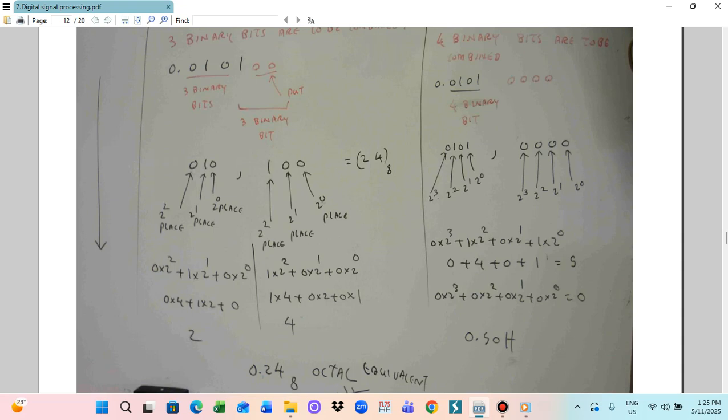Since you don't get a full 3, you have to put in another 2 binary bits. To do that, you put in two 0s.